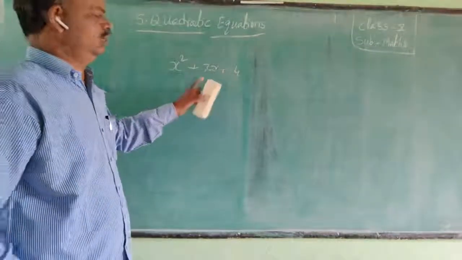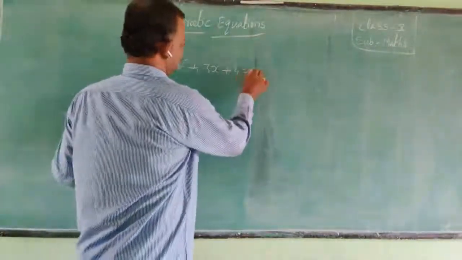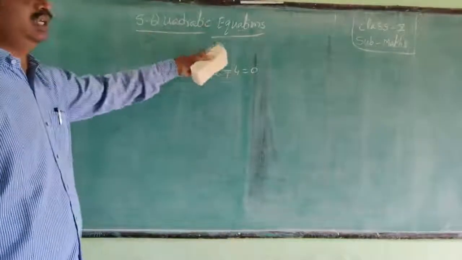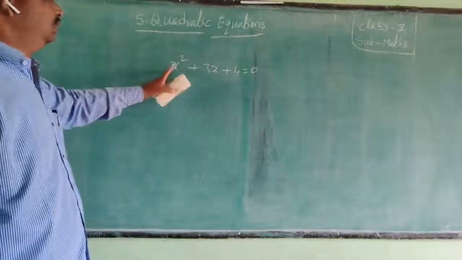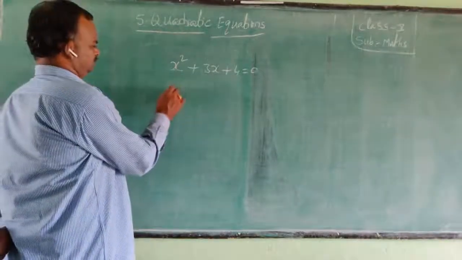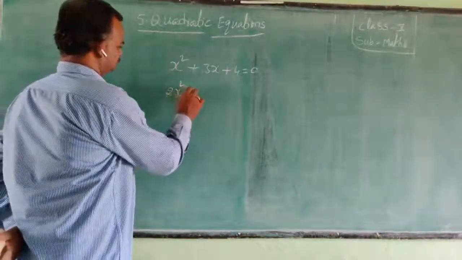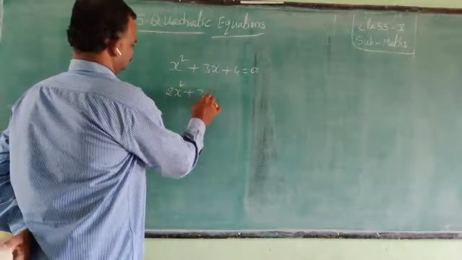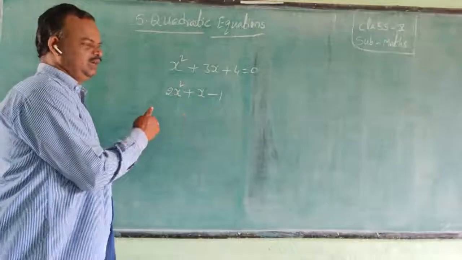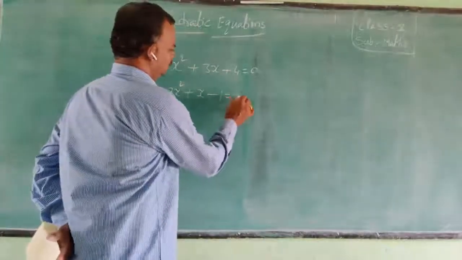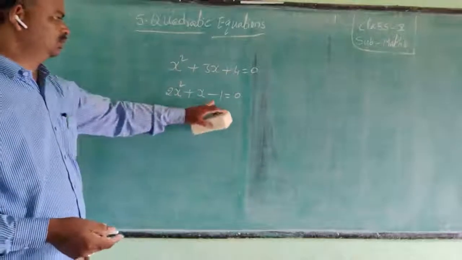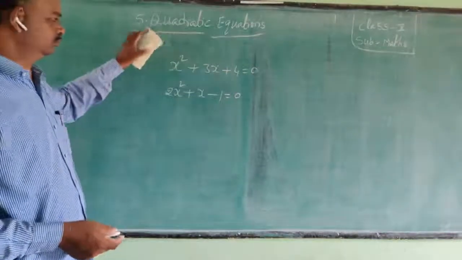When it is equal to 0, it changes to a quadratic equation, having degree 2. Write another one. It is a quadratic polynomial, and when it is equal to 0 it changes to a quadratic equation.